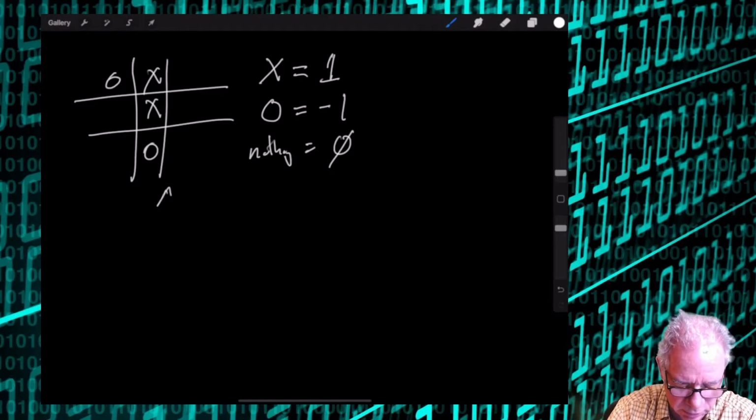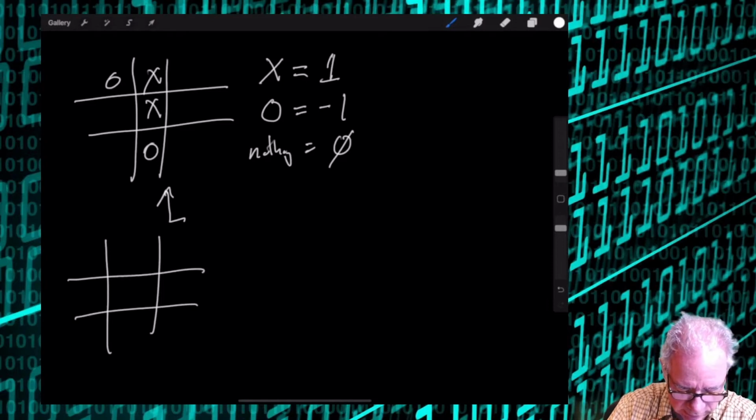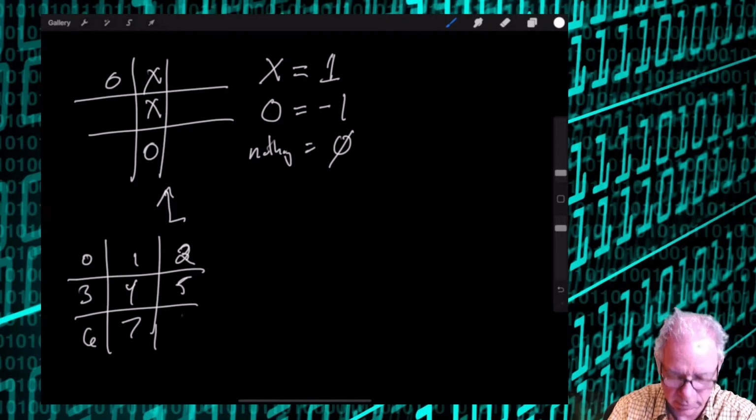So this board up here, we have the indices of an array. These are the different indexes of our array. So we could have a board.